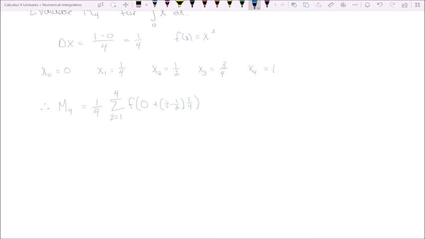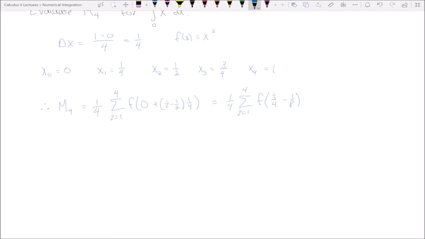All right? So what we're going to have here is 1/4 times the summation i equals 1 to 4 of f of (i over 4 minus 1/8).